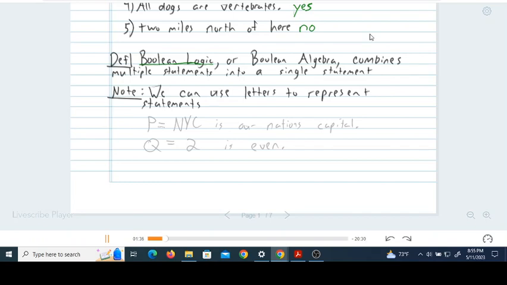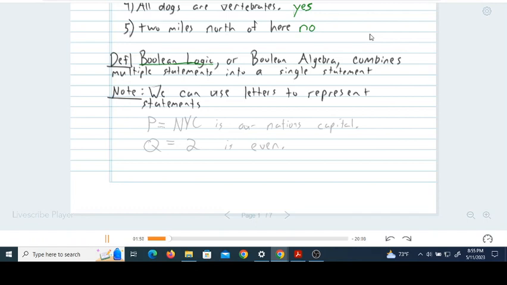So we can add numbers together, we can subtract numbers, we can multiply numbers, we can divide numbers. What Boolean algebra does is, well, what operations or operators can we apply to statements? Well, we can combine statements with an and statement. All right, we can use or, we can use conditionals, and we'll look at all those later.